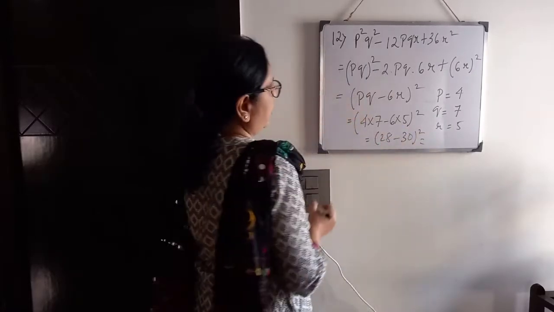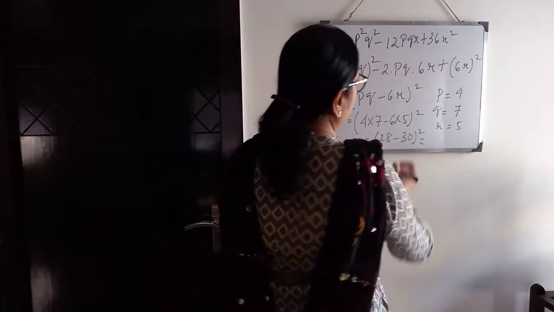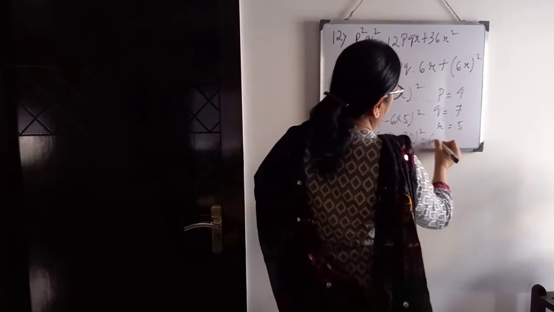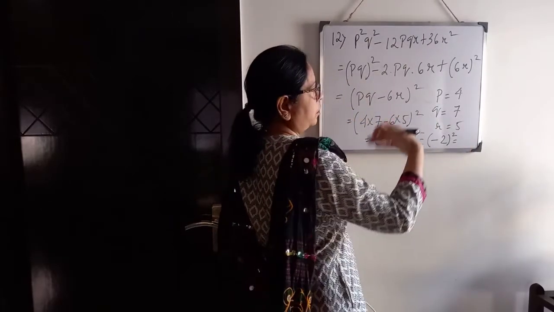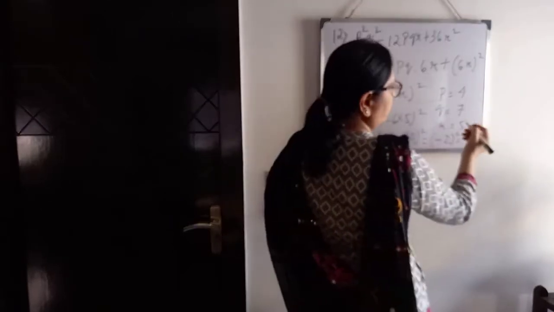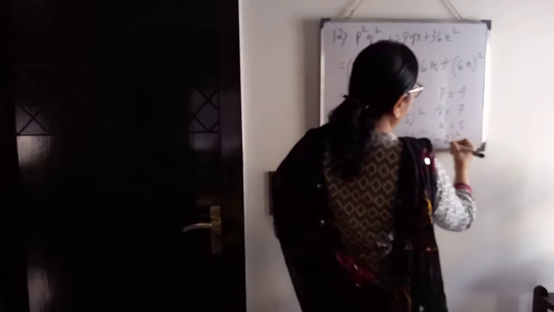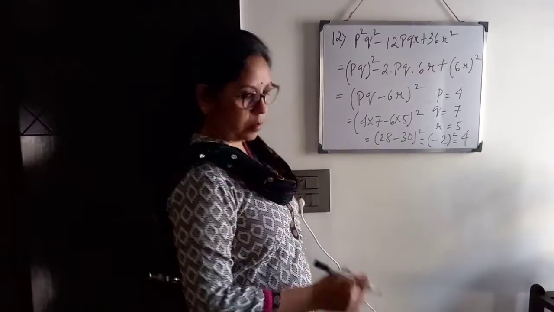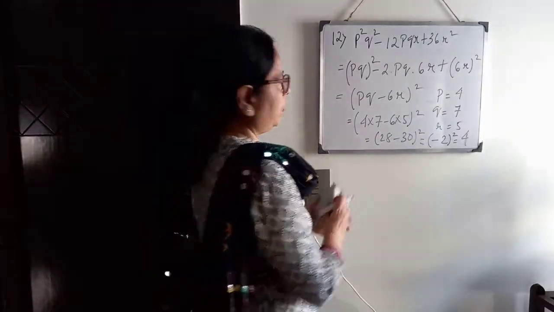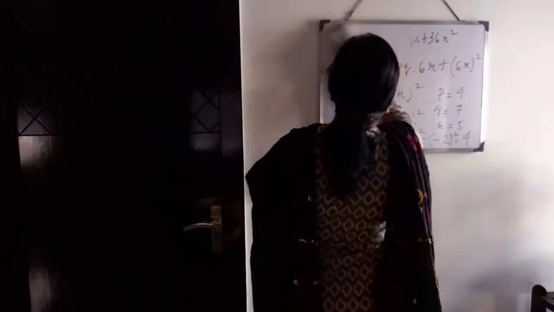Now if we subtract 28 minus 30, 30 is greater, so there will be a negative sign: minus 2 whole square. When you find the square, minus into minus will be plus, and 2 square means 4. This is your final answer. Clear? Then next one.